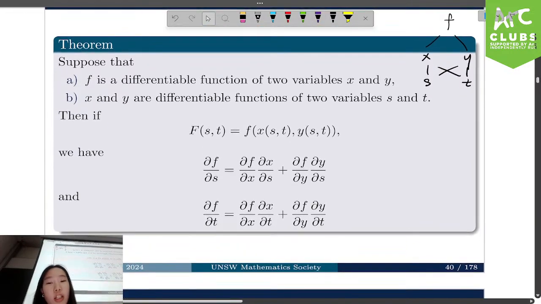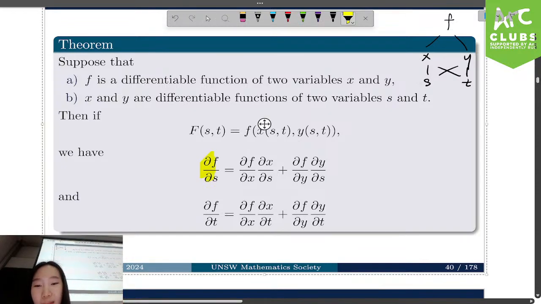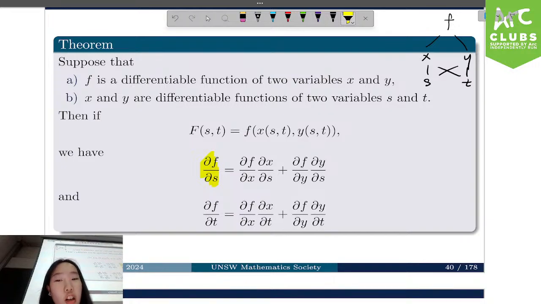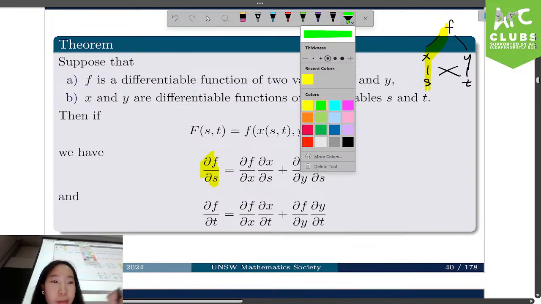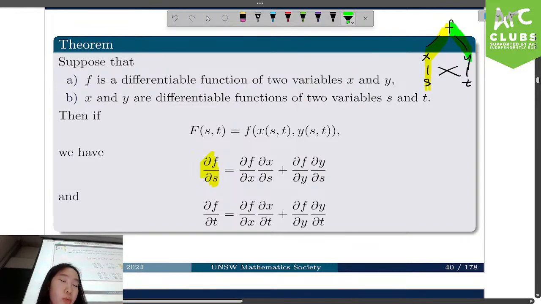So if we're going to get the partial derivative of f with respect to s, we can go this way. We take the partial derivative with respect to x first, and then the partial derivative with respect to s in this direction. Or we can take the partial derivative with respect to y first, and then s.